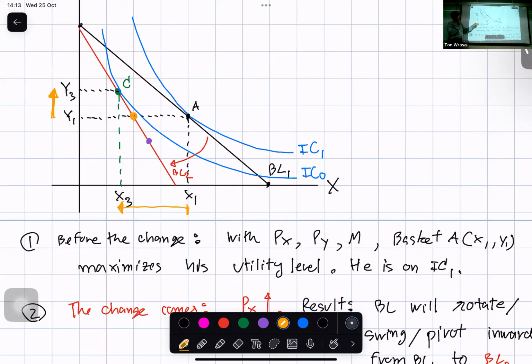This is his response. Let's say he buys less of X and more of Y. The new choice is choice C. Summarize this.